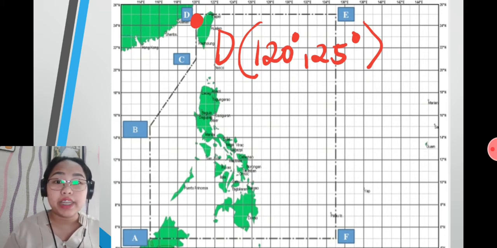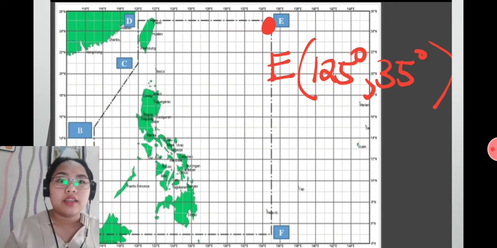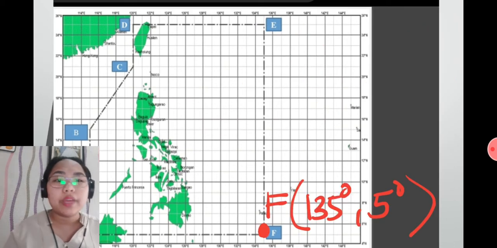That is for plot D. Next, letter E is located at 125 degrees east and 35 degrees north. We can see letter E over there. And lastly, we have letter F with the coordinate of 135 degrees east and 5 degrees north. So those are the points of the PAR.